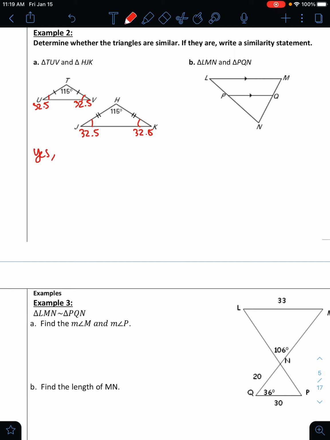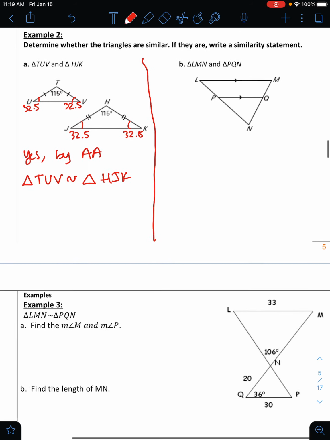I'm just going to say here, yes, by AA. And then my statement, now yours could be slightly different than mine, but still be correct. I'm going to start with T, U, V is similar to H, J, K. All right, so that's the first one.